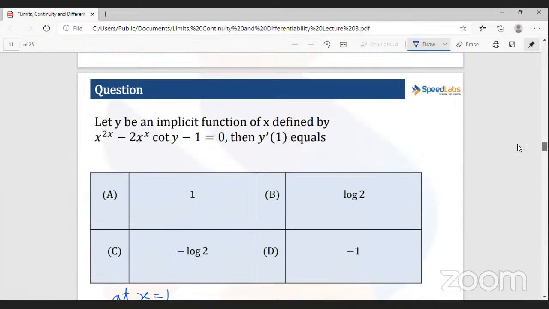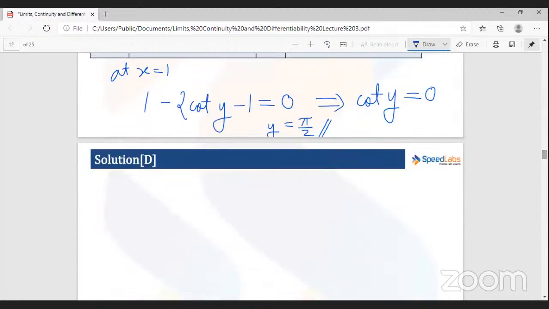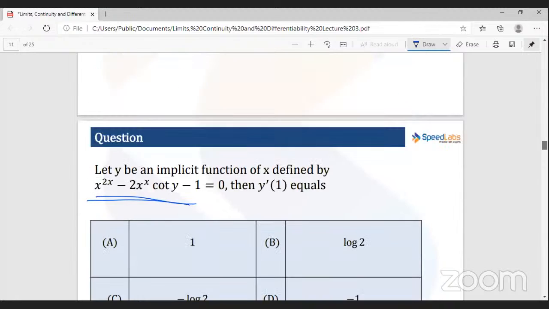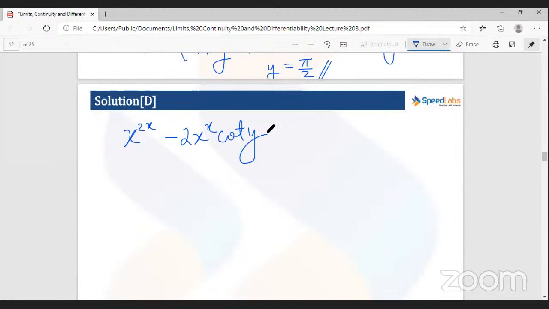Now what I'll do is I'll differentiate this function. What is the function? X raised to the power 2x minus 2x raised to the power x cot y minus 1 equal to 0. So we have to differentiate this part here. For differentiating this, I'm assuming this equal to y, then I'll take log to make it easier.